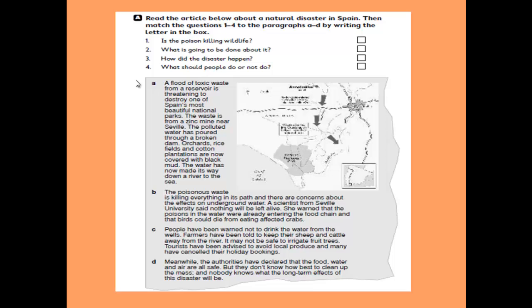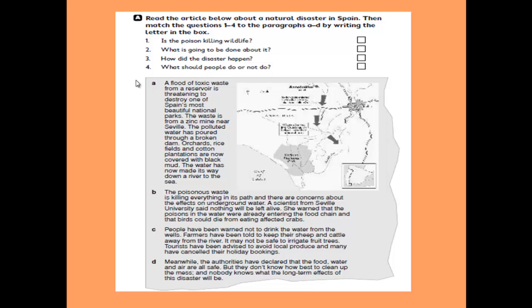The poisonous waste is killing everything in its path, and there are concerns about the effects on underground water. A scientist from Seville University said, "Nothing will be left alive."